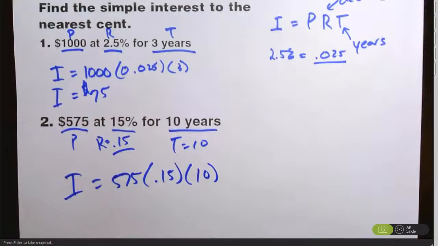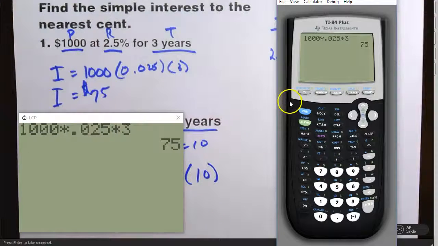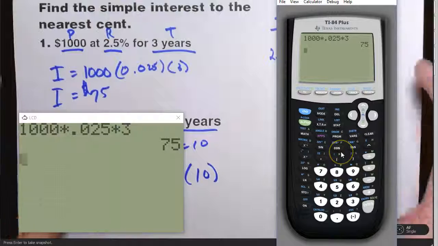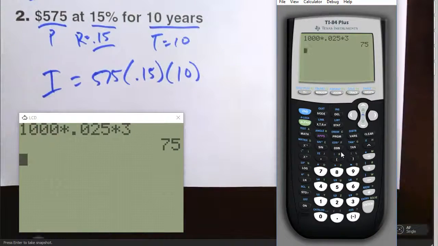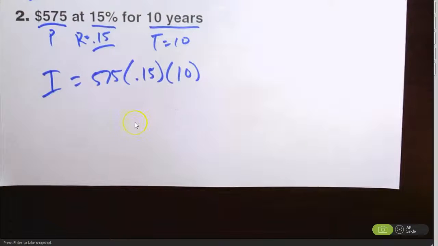And then again, get the calculator out. So we'll do 575 times 0.15 times 10. And that gives us $862.50. That's a lot of interest.